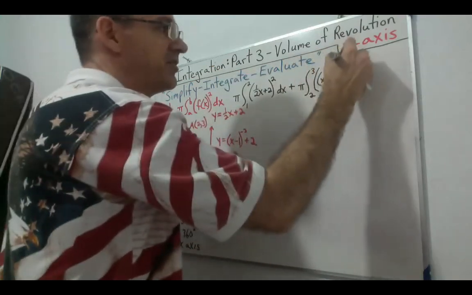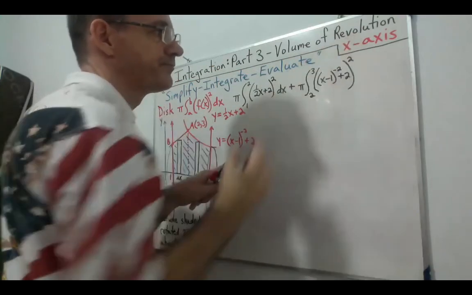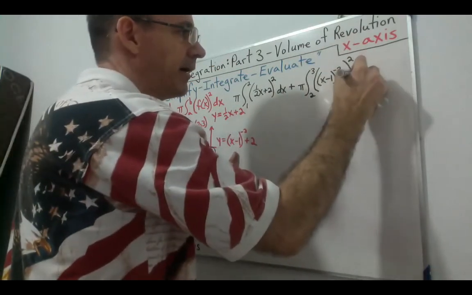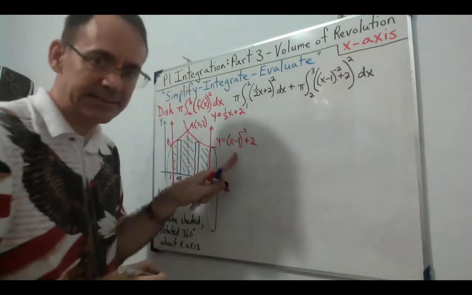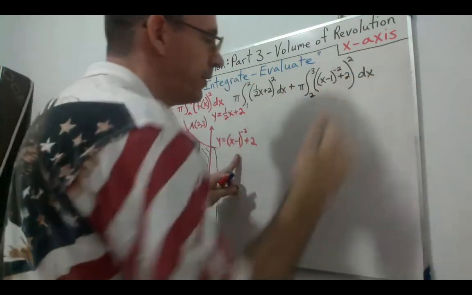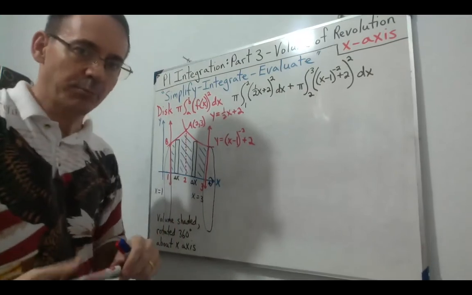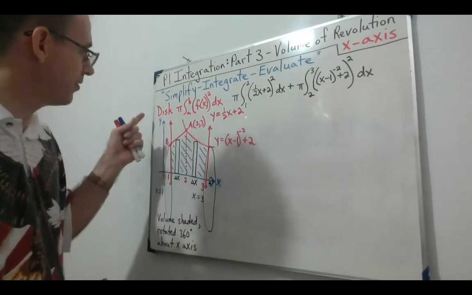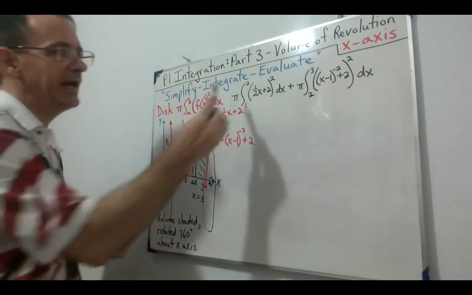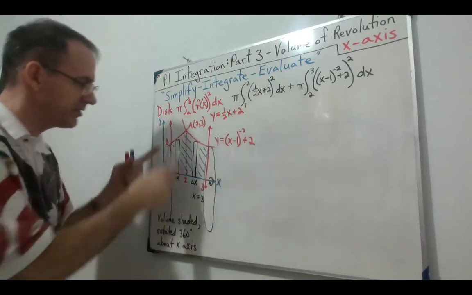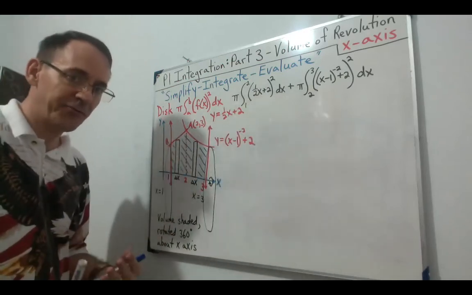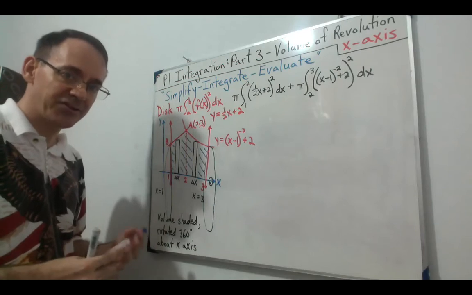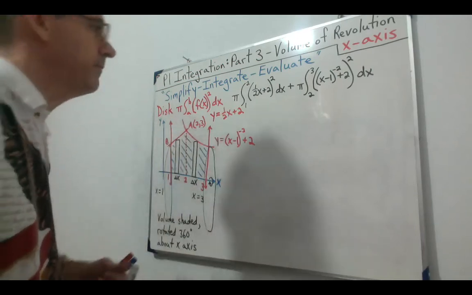And so it needs to be squared. And we have our dx. Okay, so we've set up the problem according to the formula, and we had to separate our boundaries because we have two different functions acting as the radius.